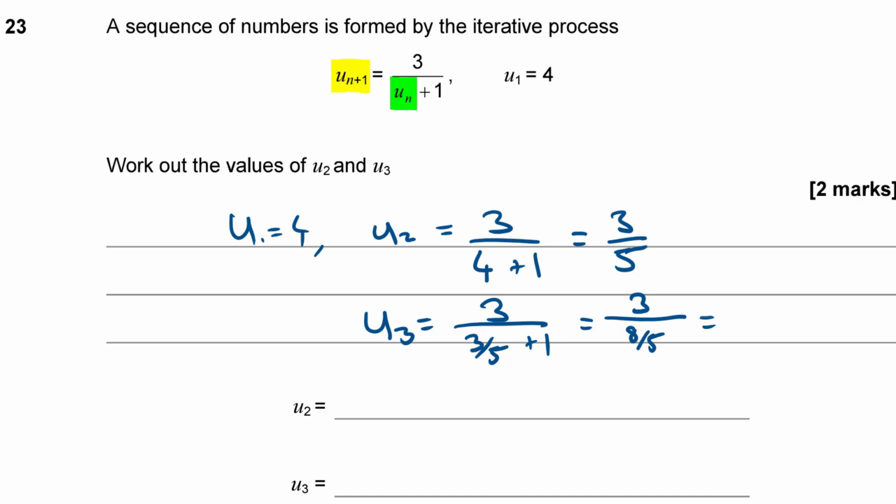Dividing by a fraction is the same as multiplying by the flipped fraction. So flipping 8/5 to 5/8 and multiplying, 3 times 5/8 is 15 over 8. So my u2 term is 3/5, and my u3 term is 15 over 8.